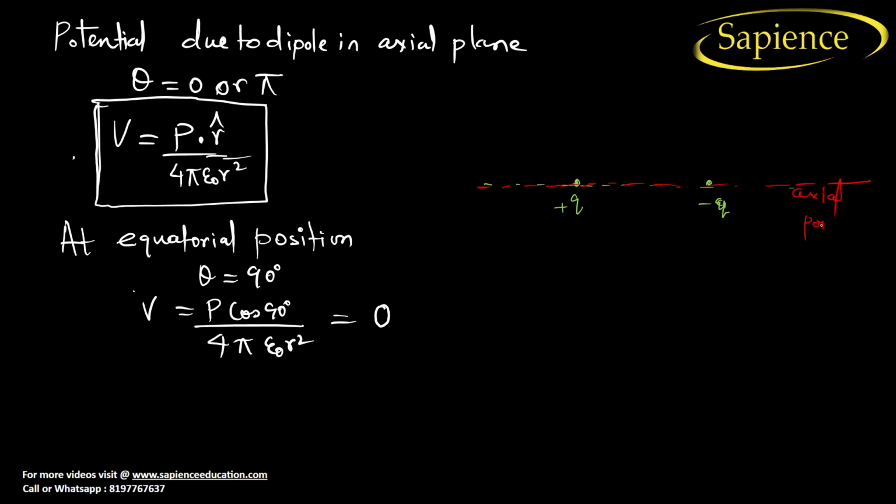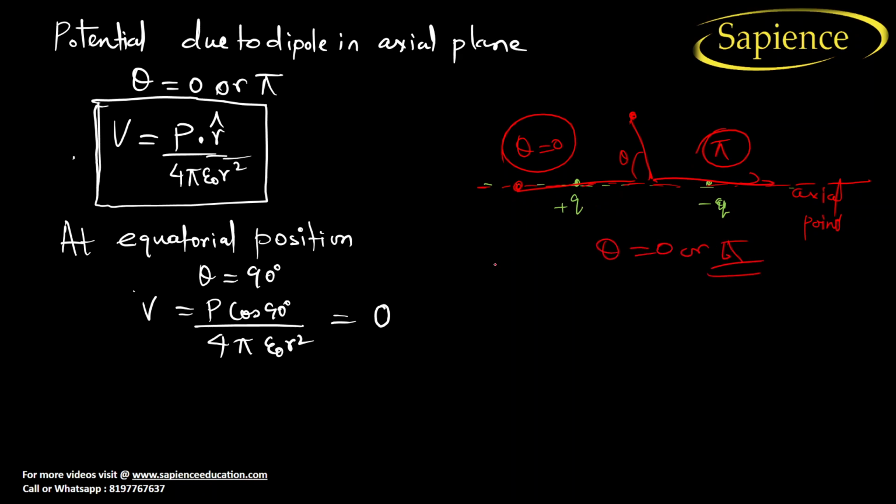This is an axial point, right? If this was the point, you are getting the angle theta. But when it will be that point, your theta will become 0, or theta may become pi. So if theta is equal to 0 or pi, you are getting a potential. So how much will the potential be?